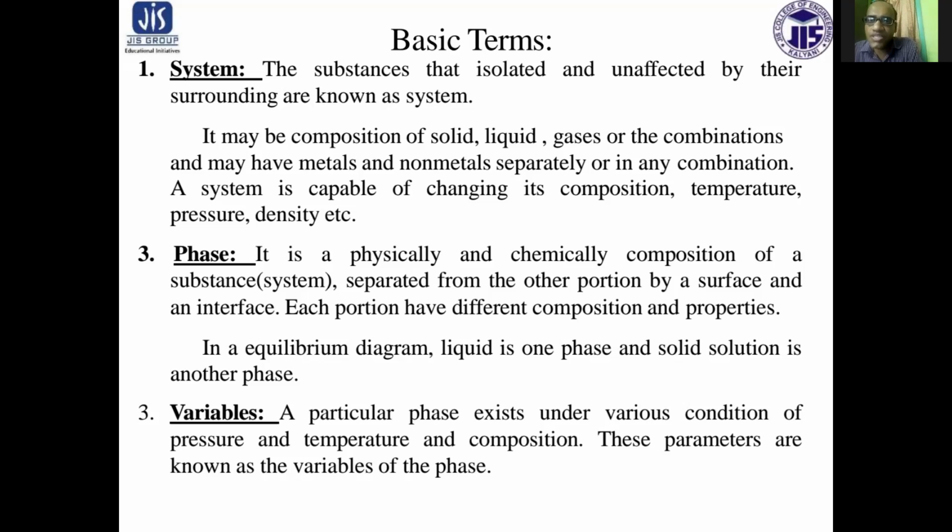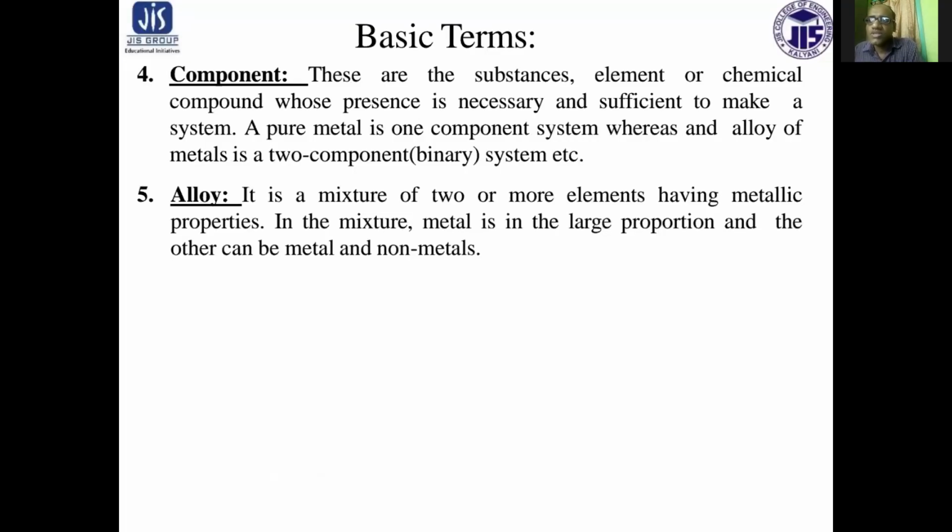Next, number 3, that is variables. A particular phase exists under various conditions of pressure, temperature and compositions. These parameters are known as variables of the phase. Next, number 4, that is components.